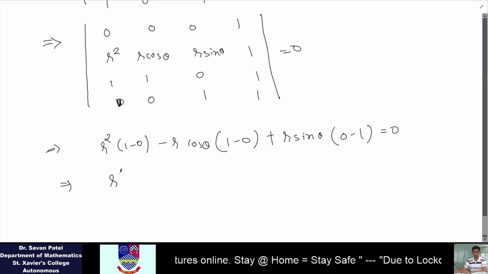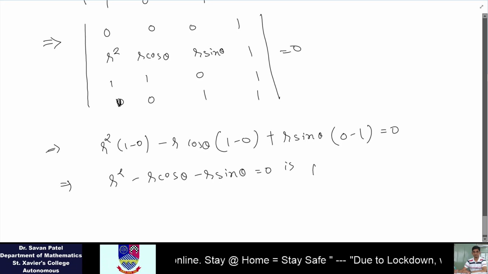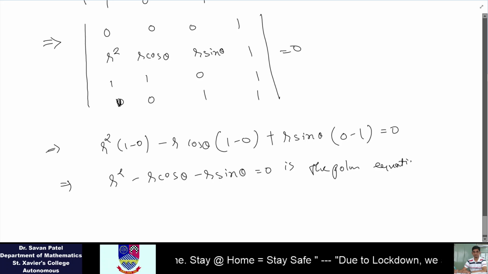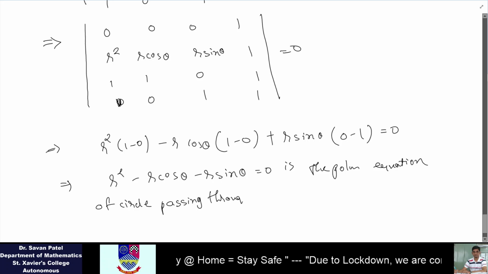So that is r² minus r cos θ minus r sin θ equals 0. This is the polar equation of the circle passing through the given points.